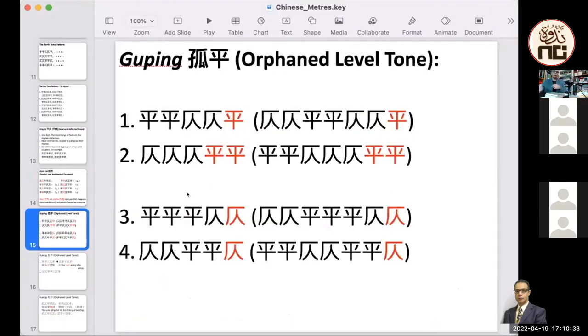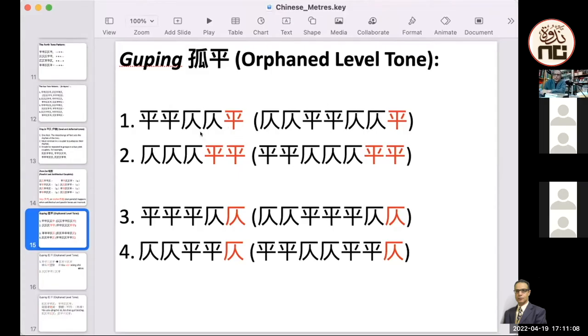Here we are going to introduce some features of classical Chinese poetry that are very important. We can't cover everything, of course, and we can't say everything about each point, but at least we'll try to have an idea. There is something called Kuping, which, if we translate it into English, literally means the orphan level tone. There are some rules regarding this Kuping.